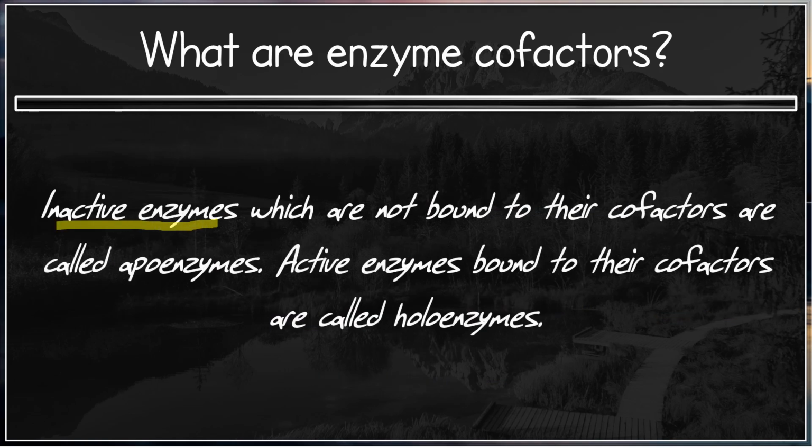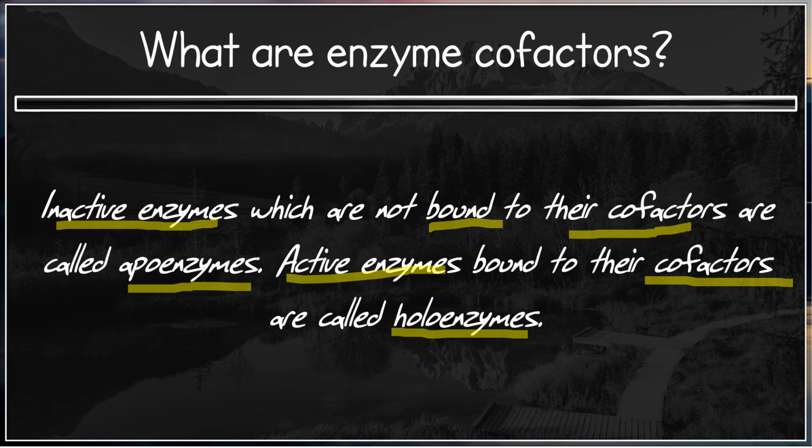Inactive enzymes, which are not bound to their cofactors, are called apoenzymes. Active enzymes bound to their cofactors are called holoenzymes.